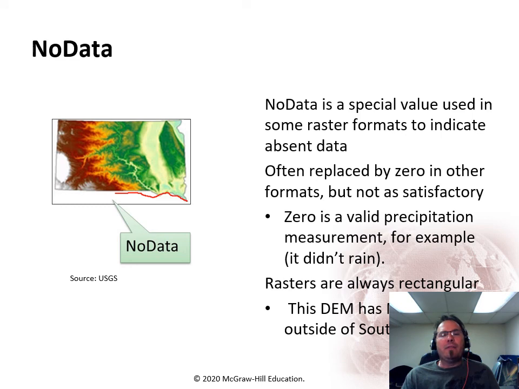Even though you don't see anything around it, the actual program is squaring off this raster. Visually, we don't want to see the square, but you just know that computationally it is there. So it's something you have to be aware of. That goes back to the nature of how the programs were written, probably to keep the math easy, but rasters are always rectangular.